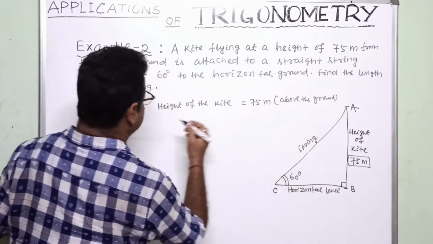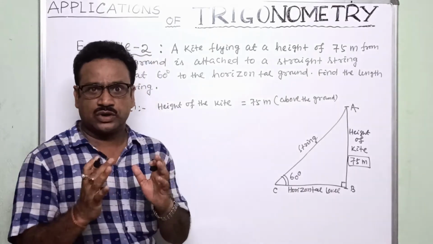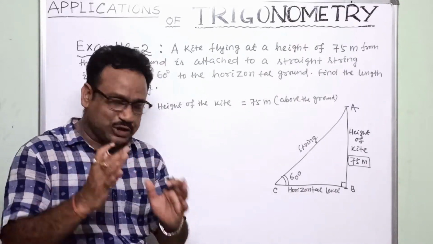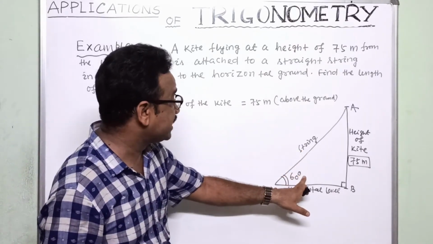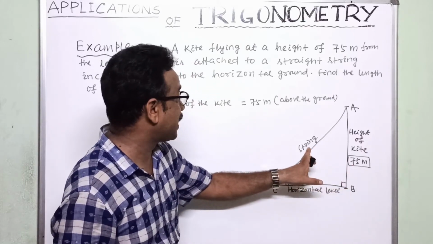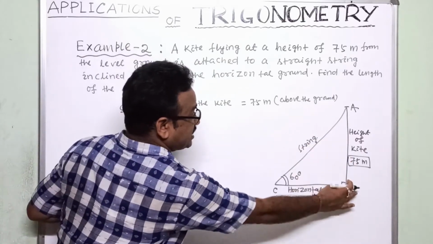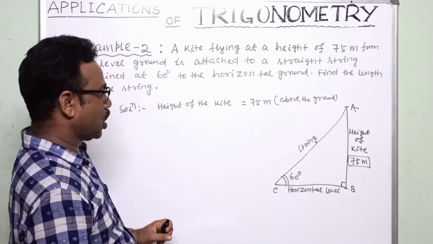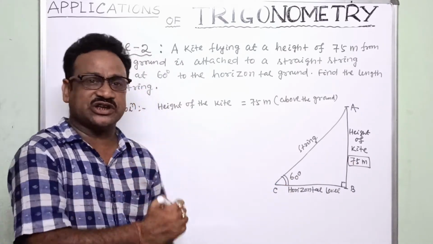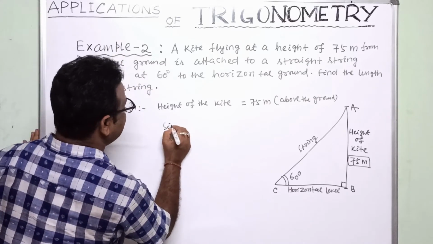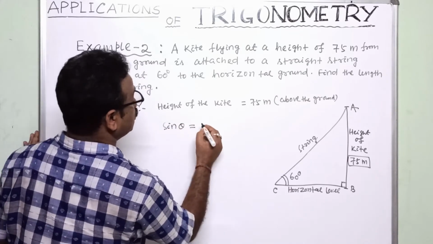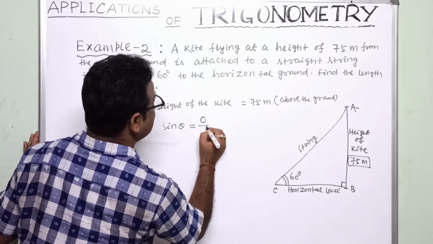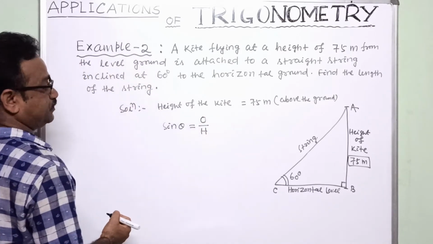You have to find the string. So how to find it? From the trigonometric ratio, we know the angle is given, AB is given, you have to find AC. Angle is given, so we'll take the sine ratio. So we know sine theta is equal to opposite by hypotenuse.